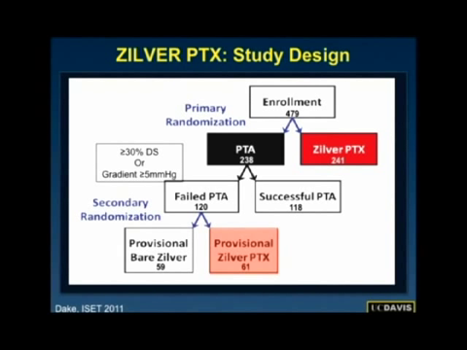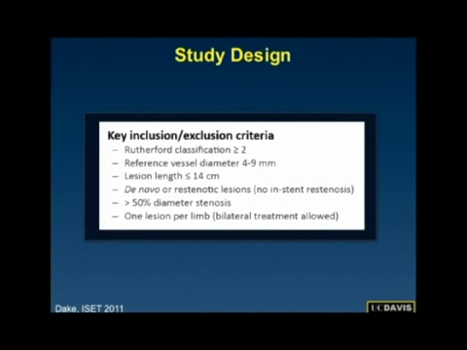And I'm not expert enough to know if these are valid or have been proven, but these were the guidelines given, and then if you failed, then you had the final sort of money, which was, does bare metal perform any different than drug elution? So in analyzing this, we have to understand what patients were excluded.